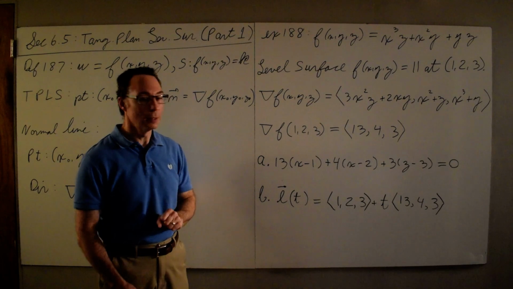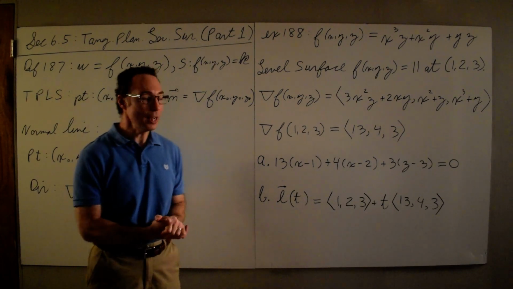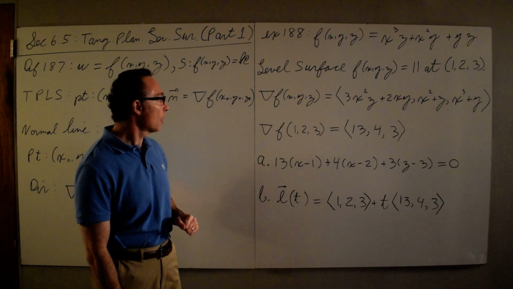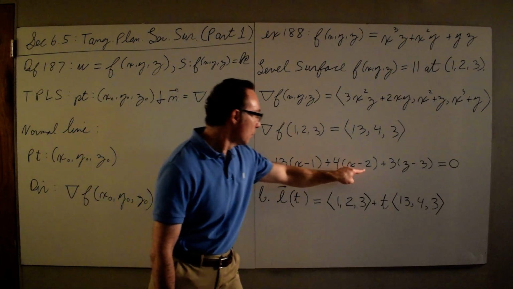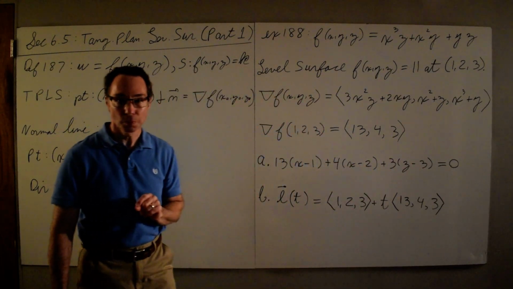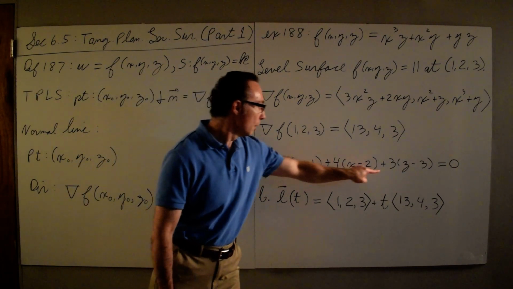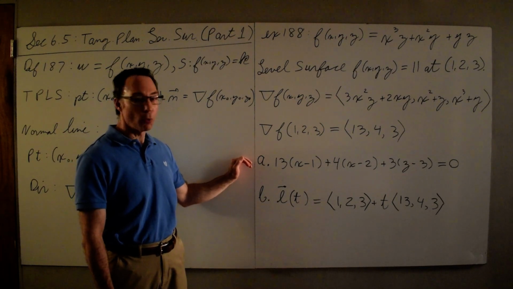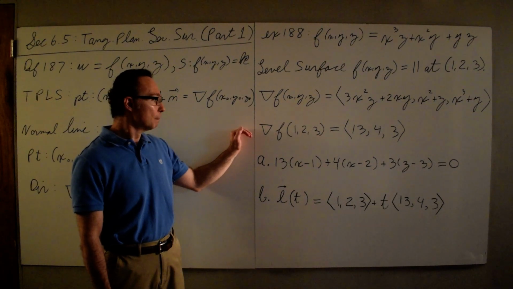This is our gradient. Now, what did part A ask? Part A asked for the tangent plane to the level surface at the point. So we find the equation of the plane that passes through the point 1, 2, 3 with normal vector 13, 4, 3.